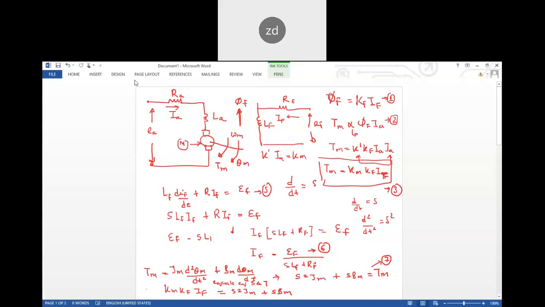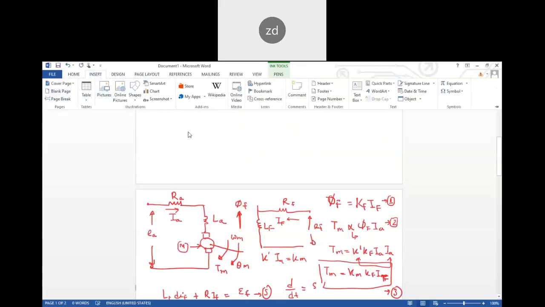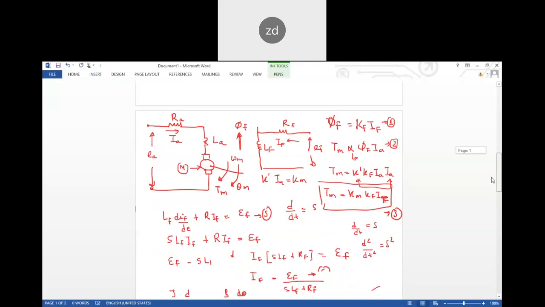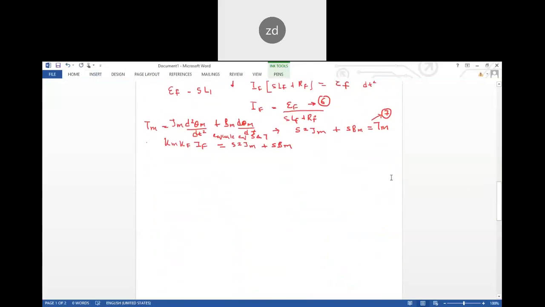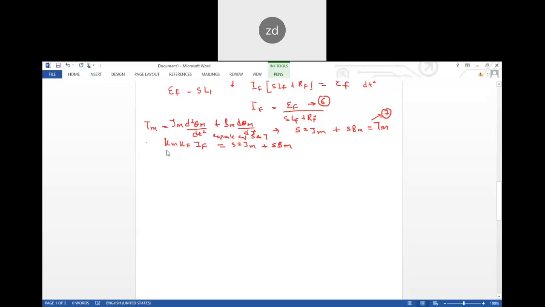So once you are equating these equations, now let me just join the other page. Here you can see the value Km would be equal to this term. Let me take a pen. Now Km Kf if is equal to, now we have the value of if. Let's substitute this value of if from equation 6.